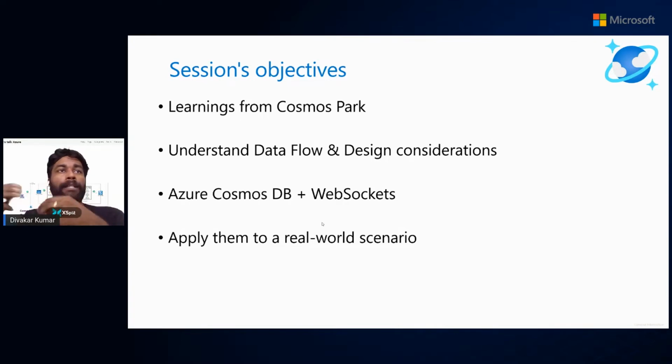The third part is the most interesting, because at the end of the day we need to show something in the front end, right? So we are going to see web sockets and how they can be interlinked with Azure Cosmos DB. And at the end, we are going to see a real demo.